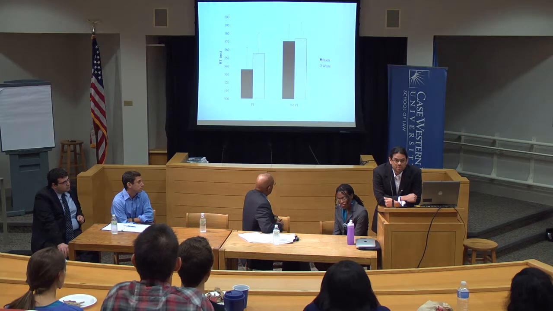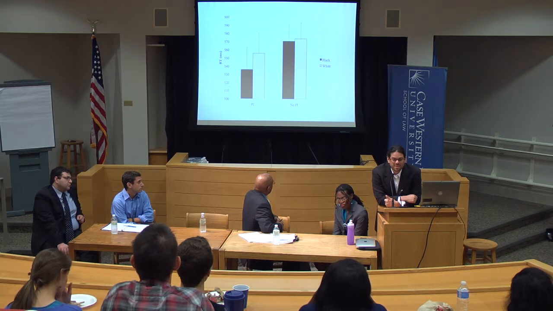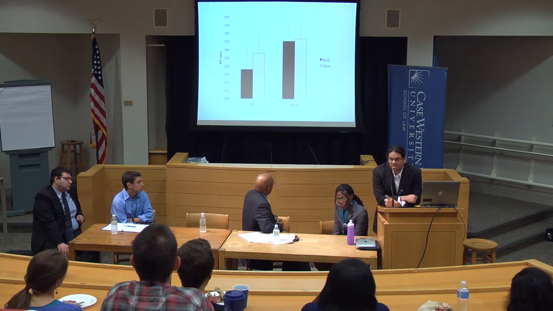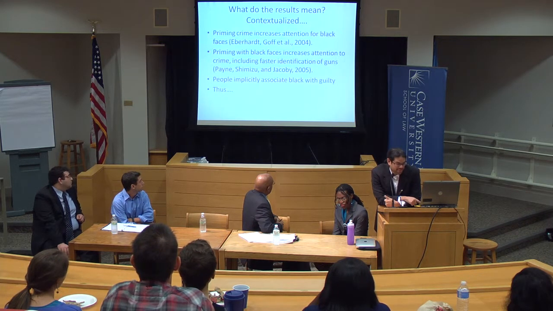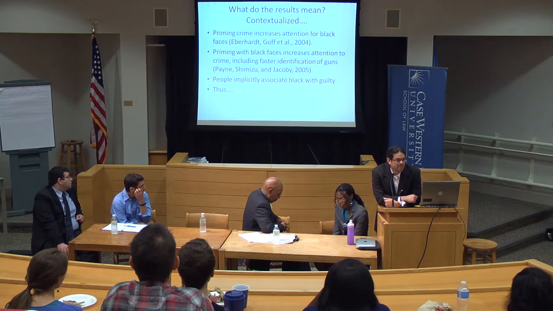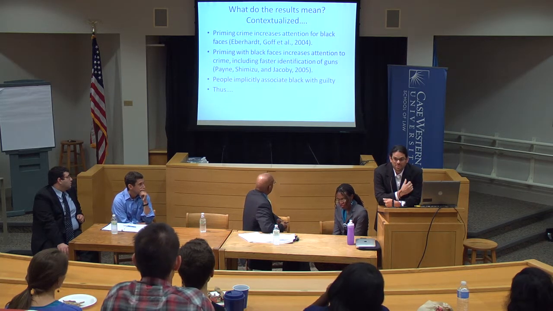So why is that? Even though on the other test people implicitly associated white with not guilty, is it that the presumption of innocence is causing people to think about innocent black men? I don't think so. We know that if you run the same study, but you prime people with crime, so you tell them about crime, and then you run the same study, people are looking at the black man's face.